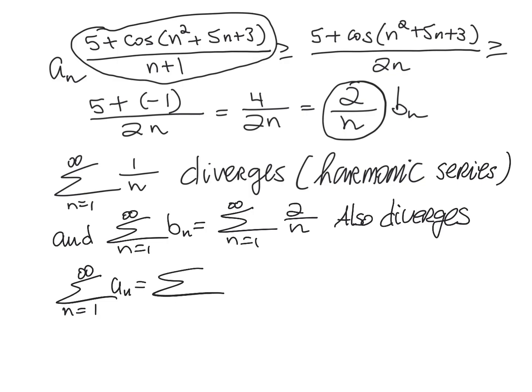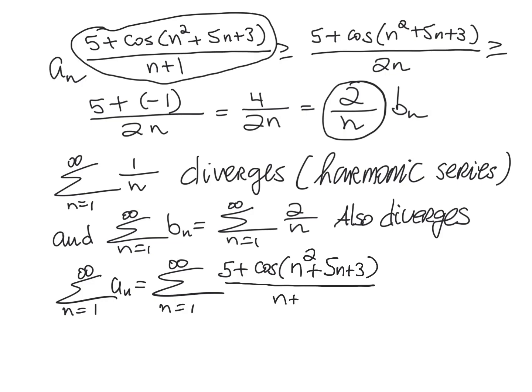And now we can make the call. The summation from 1 to infinity of a sub n, which is our series, 5 plus cosine n squared plus 5n plus 3 divided by n plus 1, is greater than or equal to the summation from 1 to infinity of 2 over n, which is our b sub n series.